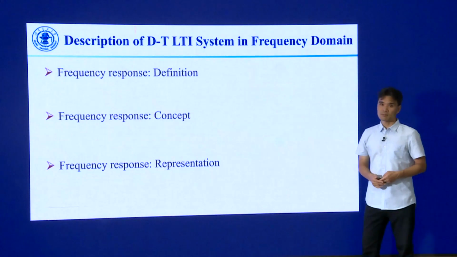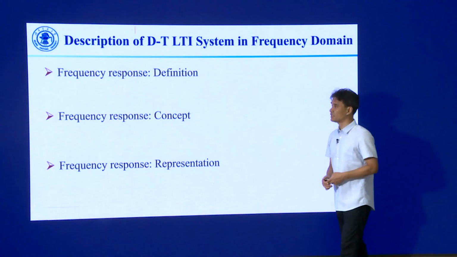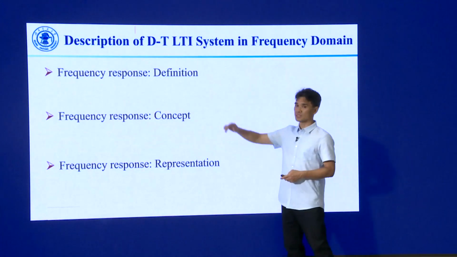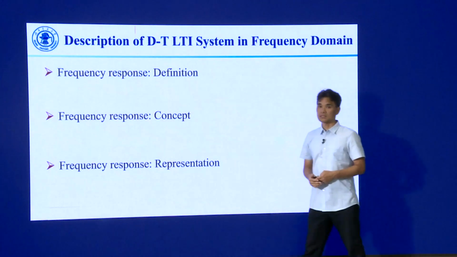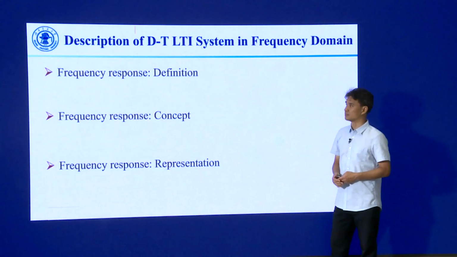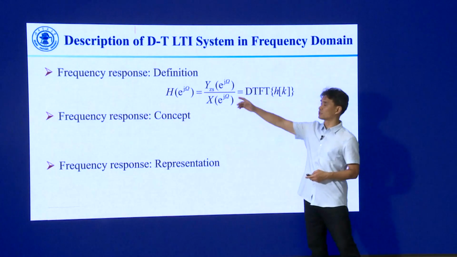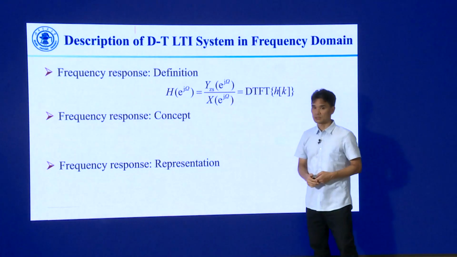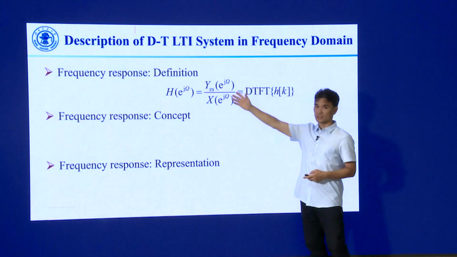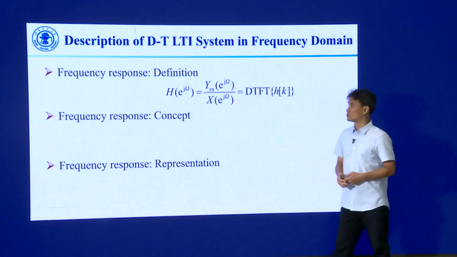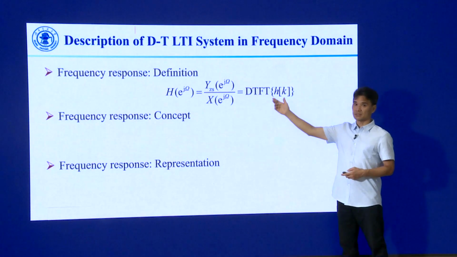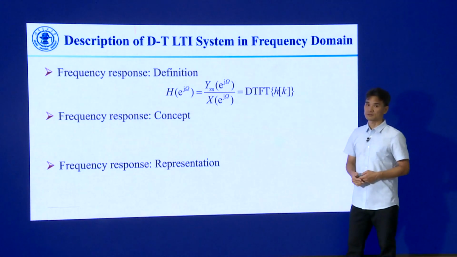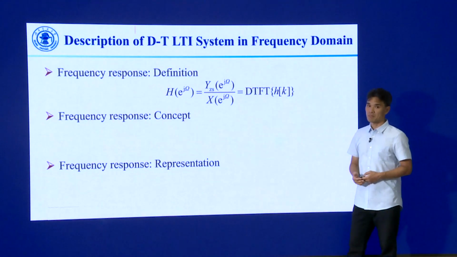Now let's summarize. The frequency response for a discrete time LTI system is defined by the ratio of the zero-state response and the input in the frequency domain. Or in other words, it can be defined as the discrete time Fourier transform of the system's impulse response.